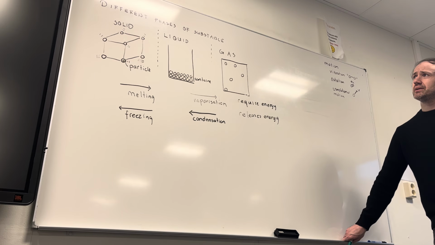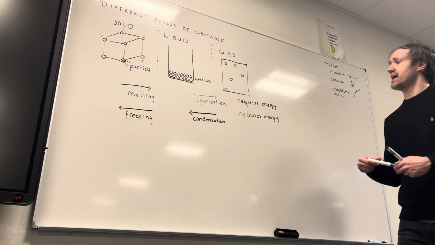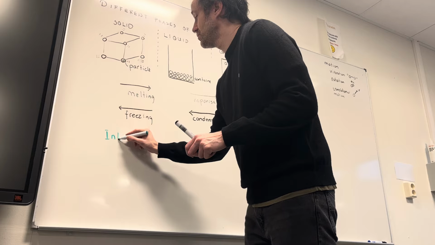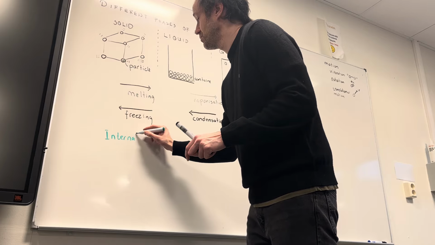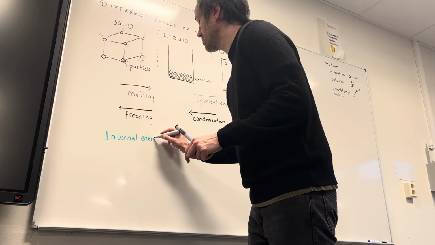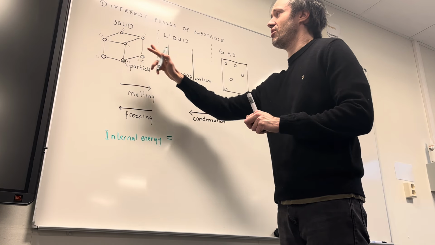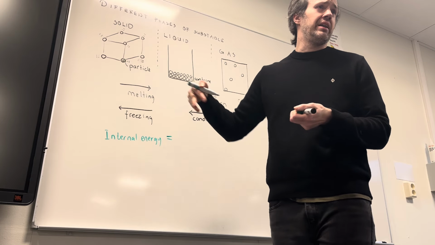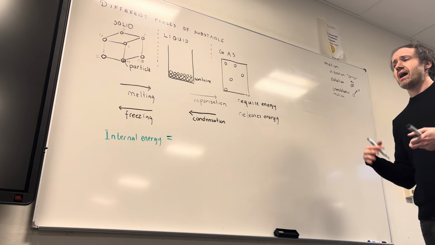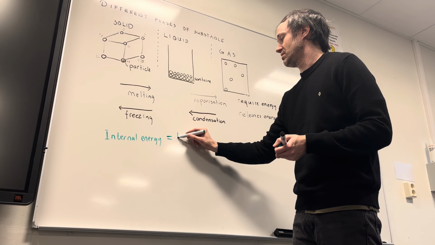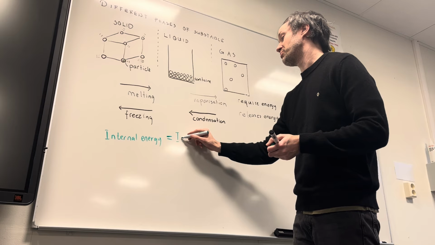So these are the different phases of a substance, and we remember that we have the concept of internal energy. I don't know if Anna especially talked about that, but when we talk about the energy of an ice cube or the energy of the water, we have this thing called temperature, and that is the average internal kinetic energy per particle.